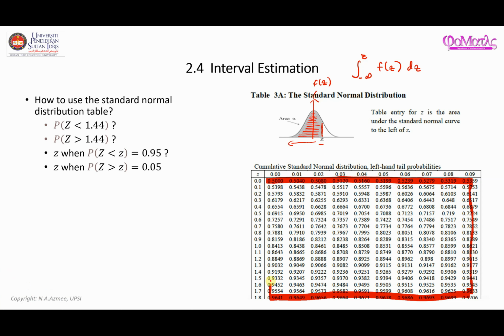Now, what is Z? Z is the horizontal axis and it is represented on the outside here. So this is the value of Z.